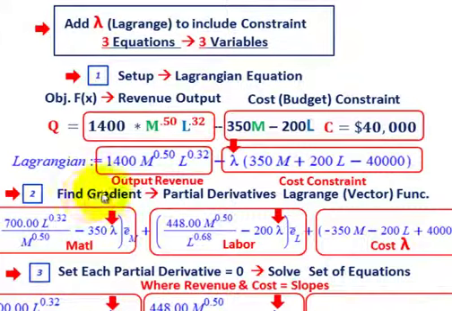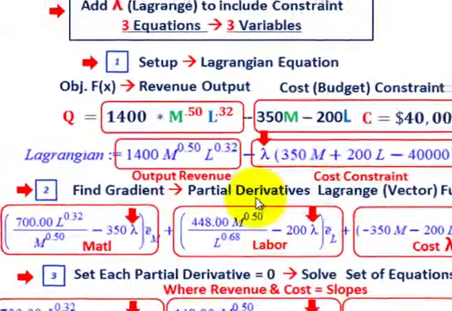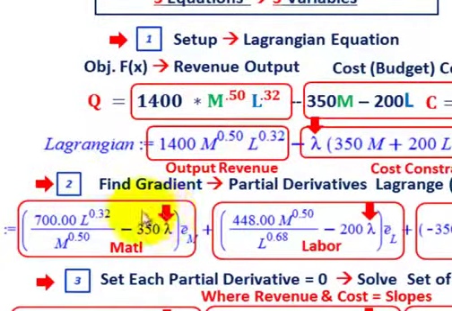So the second thing, you find the gradient, and that's really taking the partial derivative of this Lagrangian function or this vector that we're looking at. You might want to do this with some software; I've done it with MapleSoft. So for our material, we have the partial derivative of our revenue with respect to material, and then we subtract from it the unit price on material times the Lagrangian.